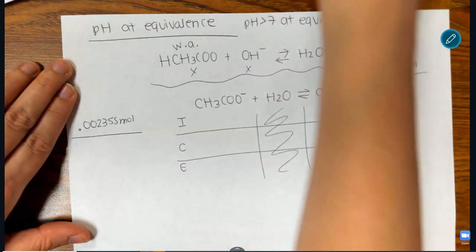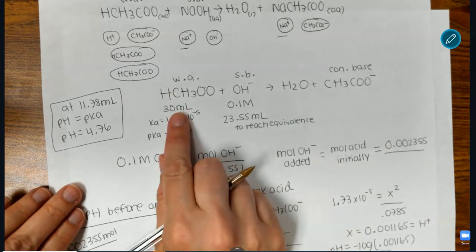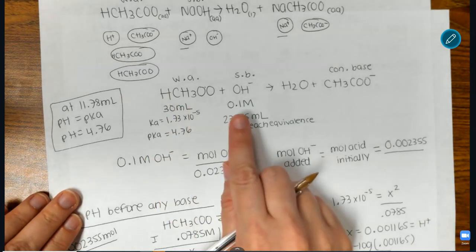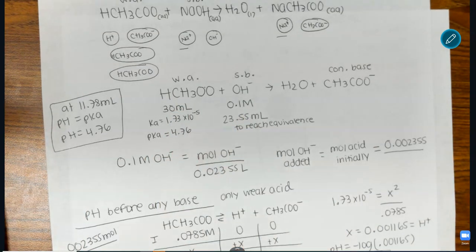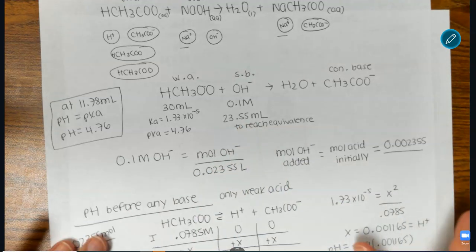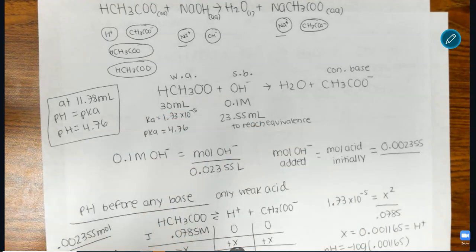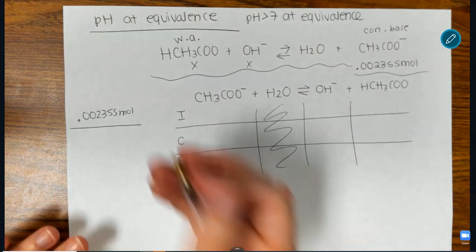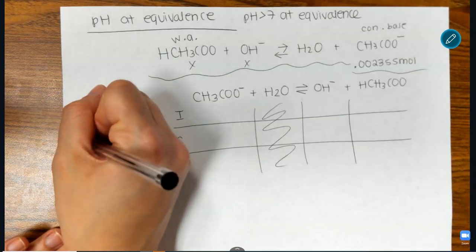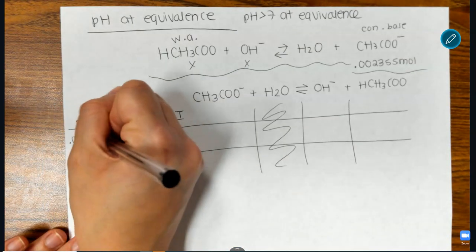And so let's go back and look. We had 30 milliliters of acid, and we combined it with 23.55 milliliters of base to get to equivalence. So that's what's in the flask right now, volume-wise. 30 plus 23.55 is 53.55, so 0.03.